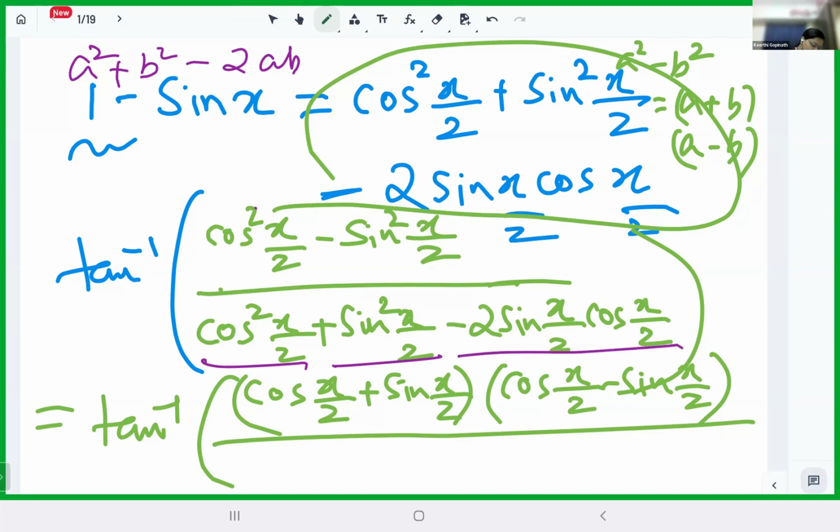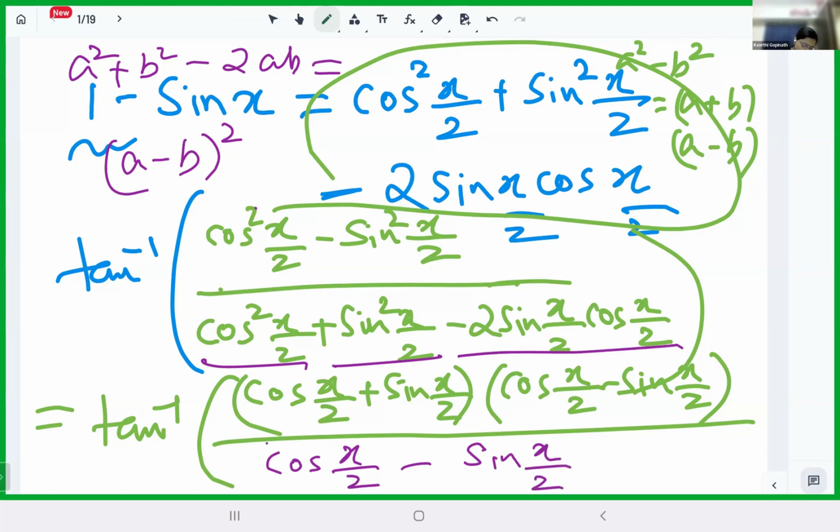So we can write this as a minus b the whole square. Isn't it? A minus b the whole square is nothing but a square plus b square minus 2ab. So the denominator can be written as, what is a here? It is nothing but cos x by 2 minus, b is sin x by 2, whole square. Right? Cos x by 2 minus sin x by 2 the whole square. Is that clear to you all?